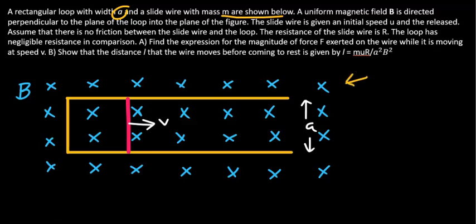The slide wire is given an initial speed u and then released. Assume that there is no friction between the slide wire and the loop. The resistance of the slide wire is capital R. The loop has negligible resistance in comparison. Find the expression for the magnitude of force F exerted on this wire while it is moving at speed v.